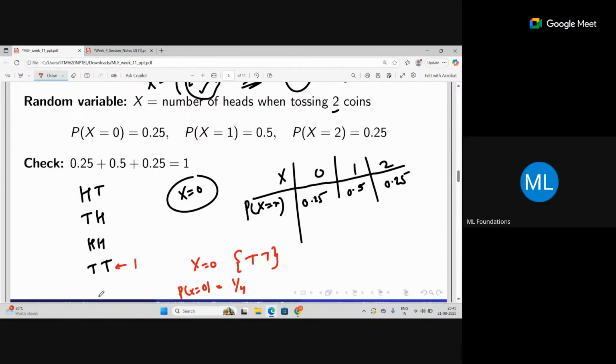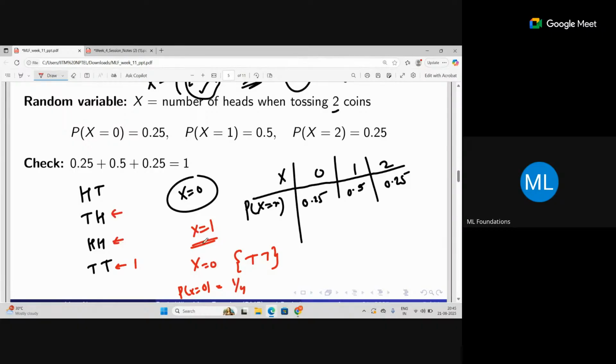When I say x equal to 1, how many outcomes will it have? Two, because one head occurs here and here.